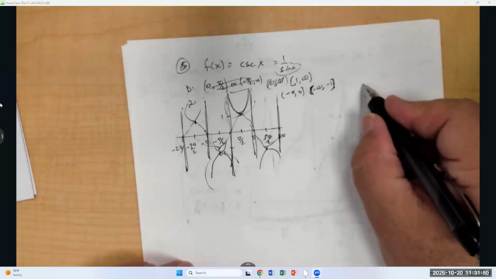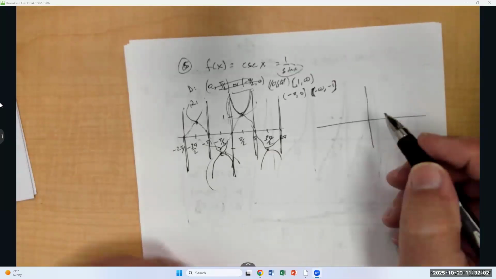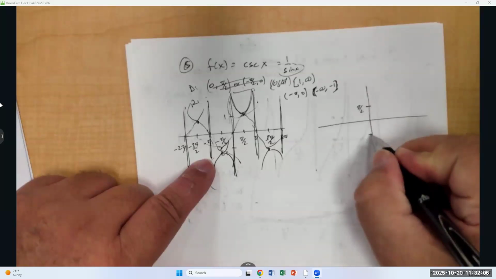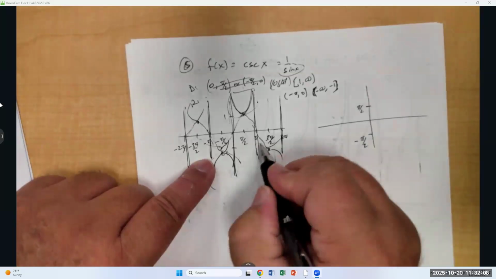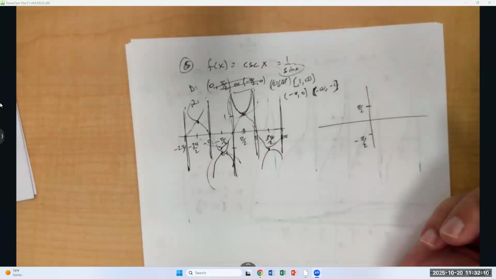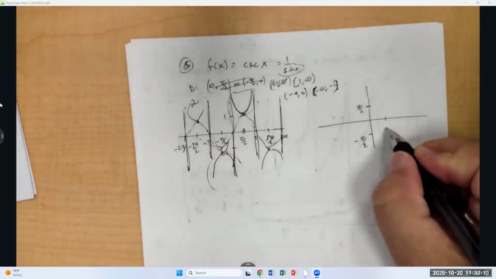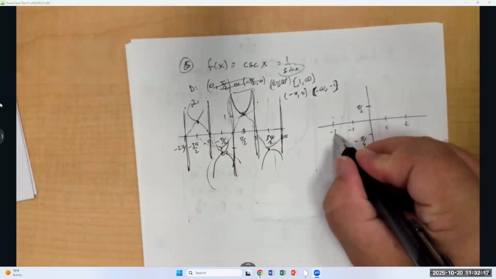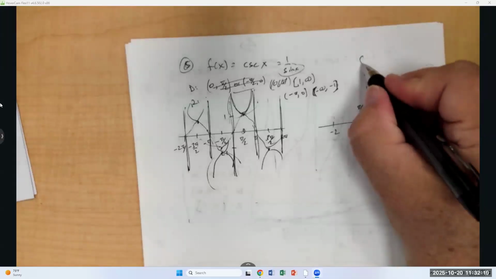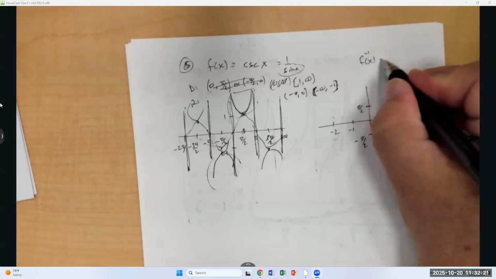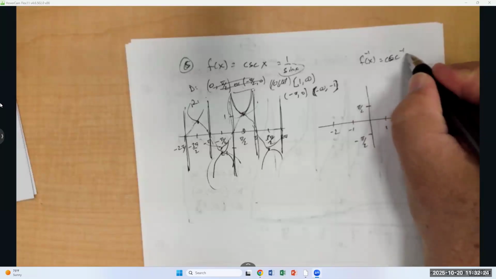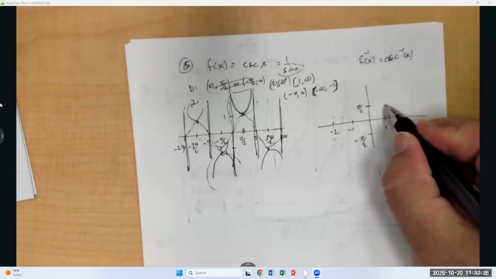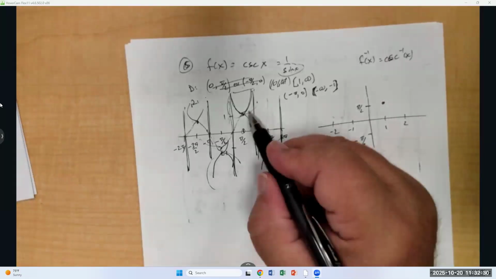So the inverse function will be bounded by pi over 2, negative pi over 2, because that's where they're going to be zeros. That's where we're going to start off from. And our y values are 1, 2, 3, 4. So the inverse function at pi over 2 starts off at 1.